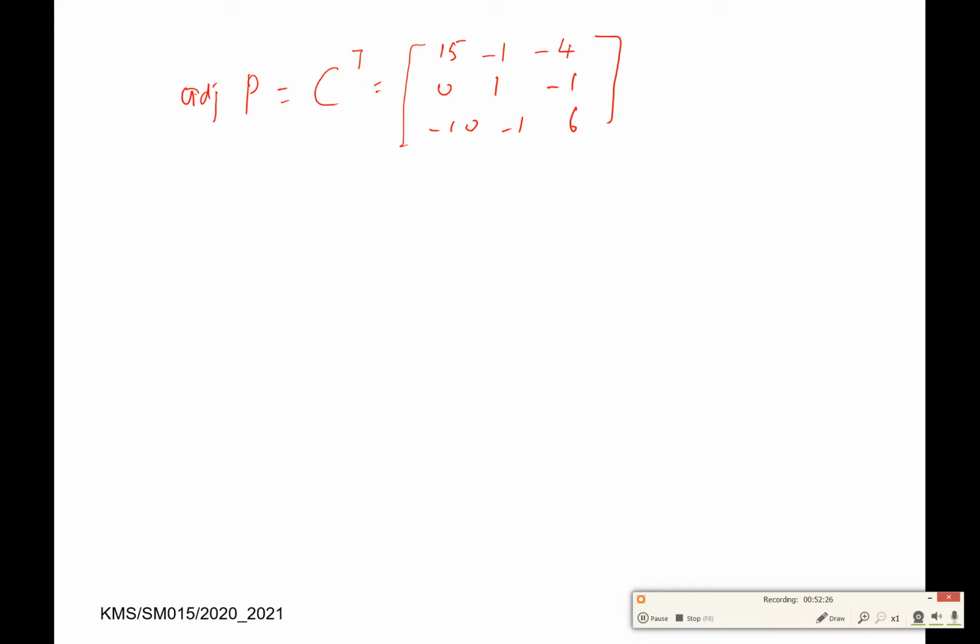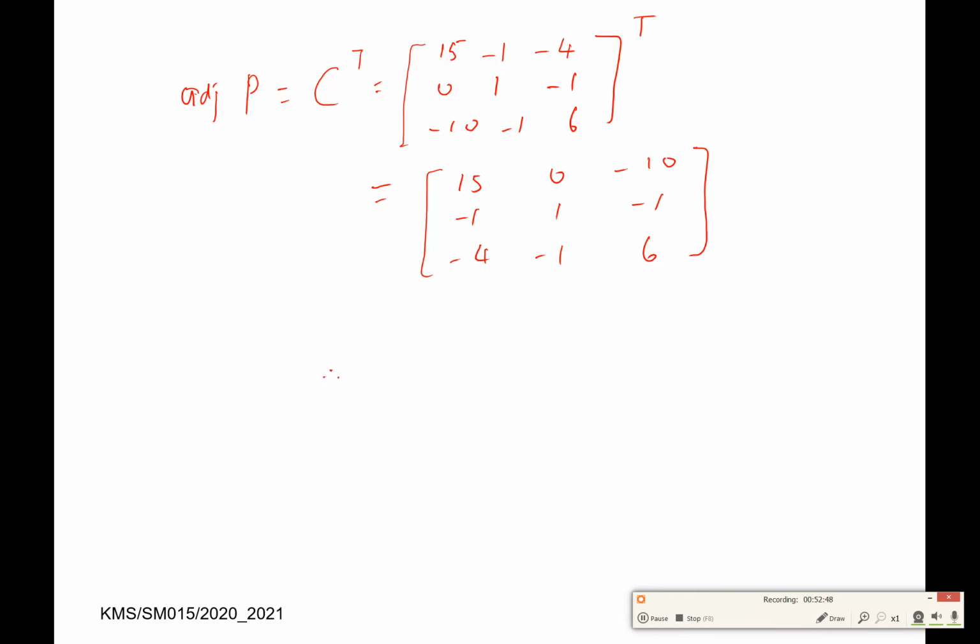Don't forget to put transpose. Once you do the transpose, it is 15, negative 1, negative 4, 0, 1, negative 1, negative 10, negative 1, 6.